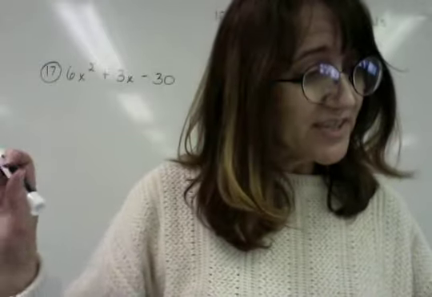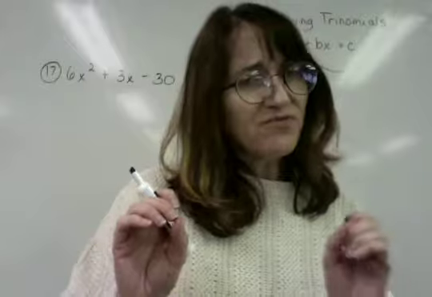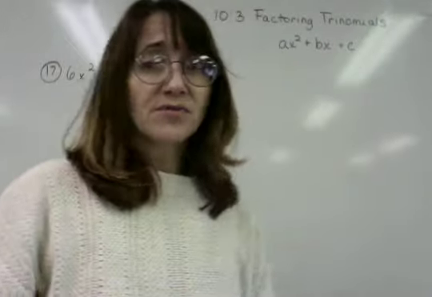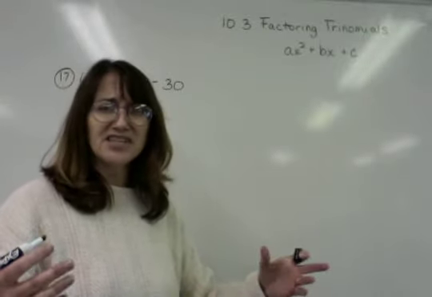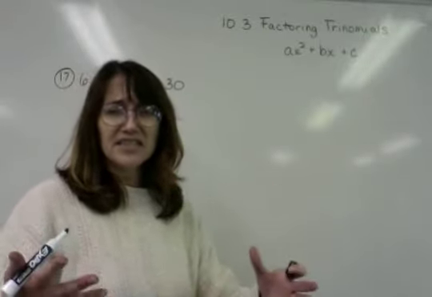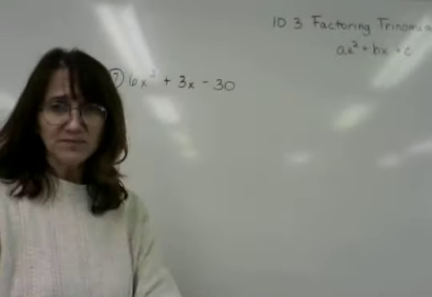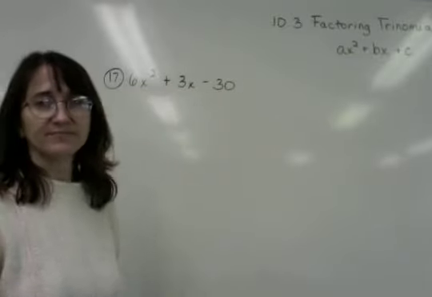Remember, the first step in factoring a polynomial is to check to see whether you can factor out a common monomial. So the first step in factoring this, before I start saying a times c equals, is it b? All right, I need to factor this thing out. So look, I've got 6x, 3x, and 30.